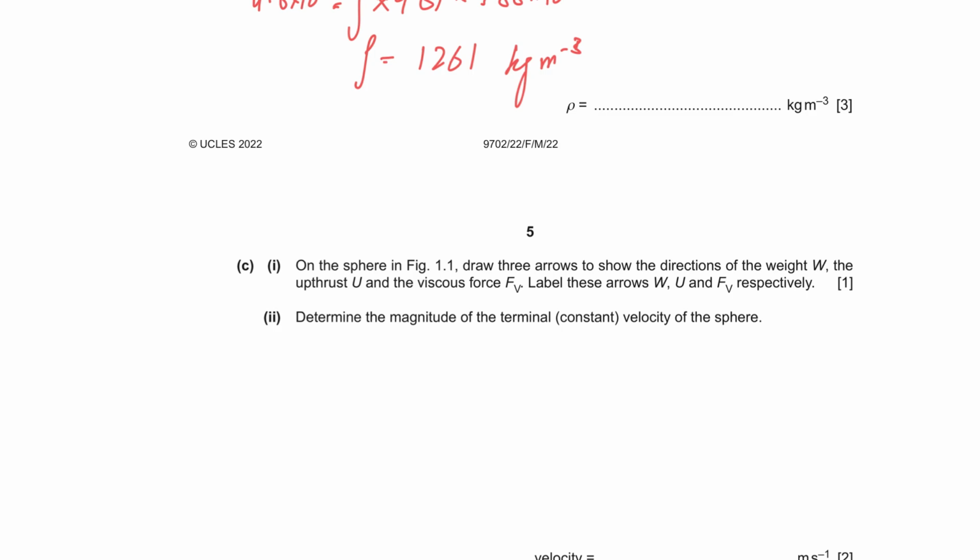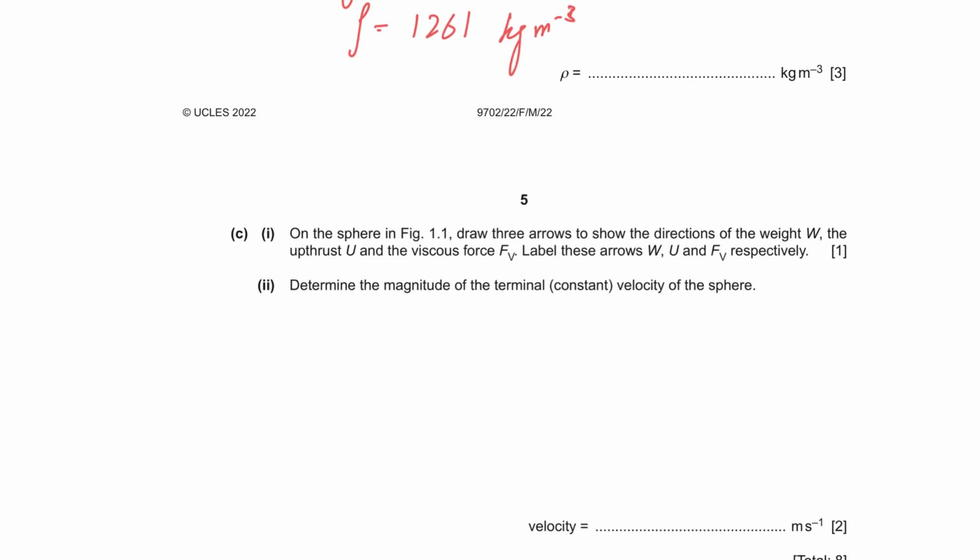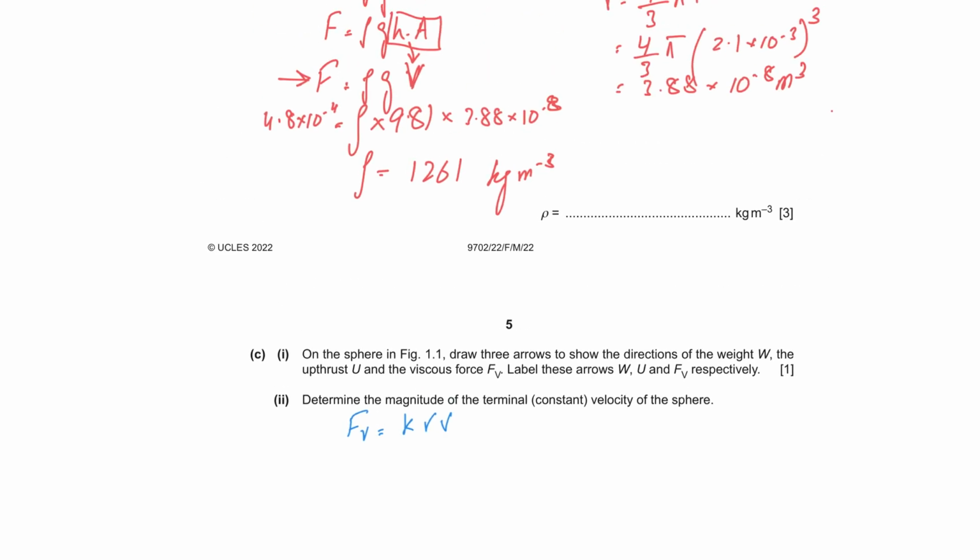C part 2 says determine the magnitude of the terminal constant velocity of the sphere. Now, the constant velocity of the sphere can be found using the equation Fv = KRV, which is given here.